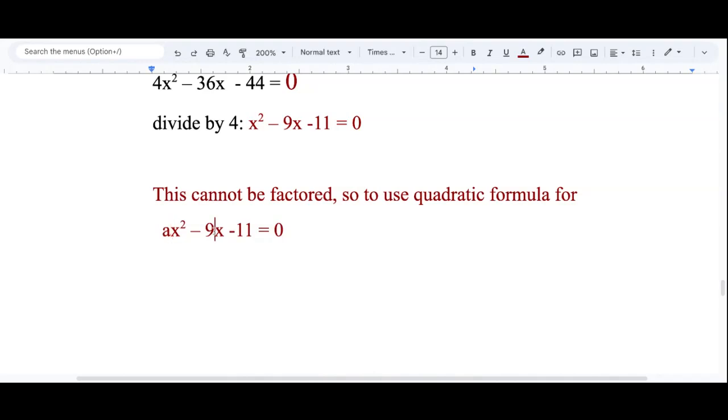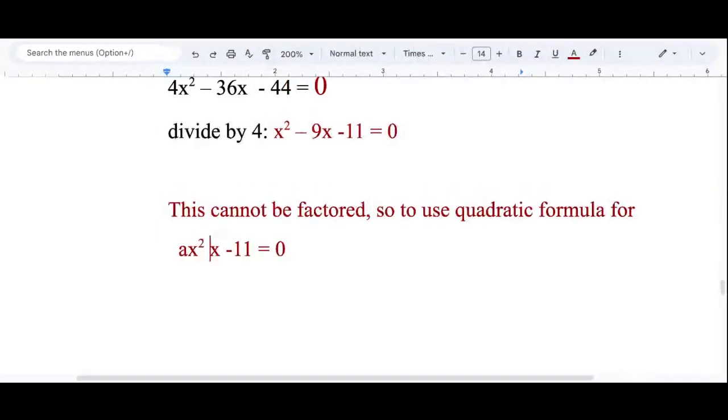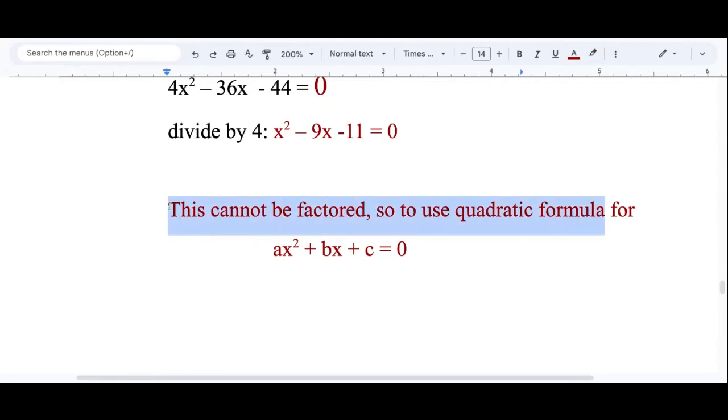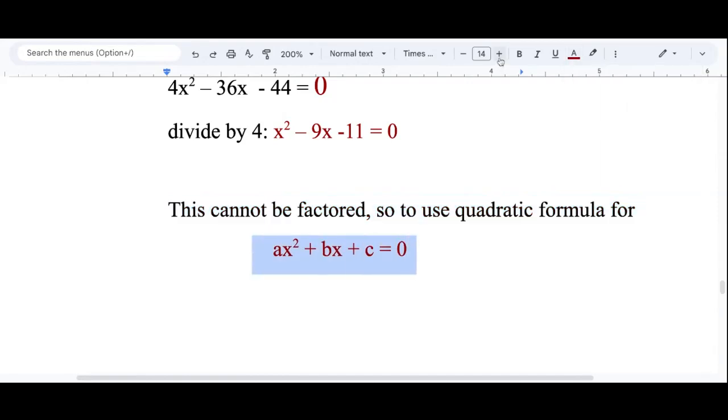ax squared plus bx plus c: a is the number before x squared, b is the number before x, c is a number by itself. It has to be in this form.